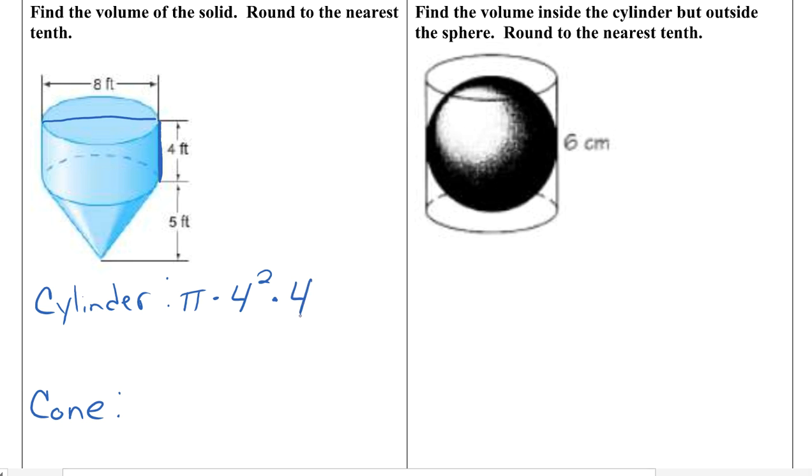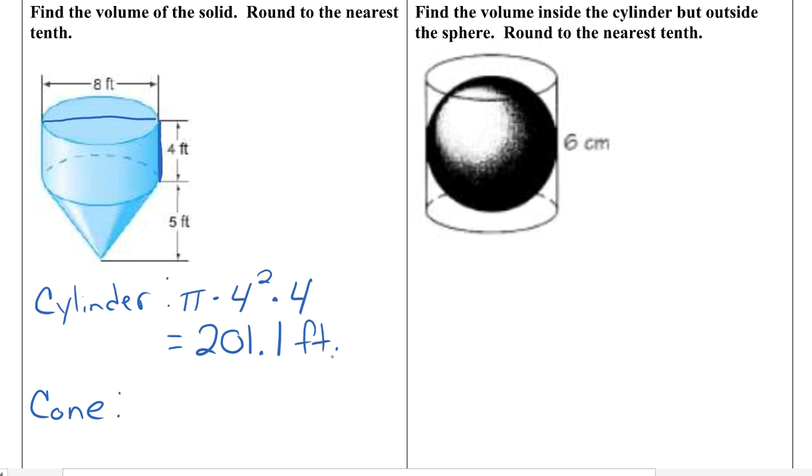It is not the height of the entire figure. It is only the height of the cylinder, since that's what we're working with. So go ahead and plug that into your calculator and then round to your nearest tenth and see what you get. All right, you should have gotten 201.6, which we could round to 201.1 feet.